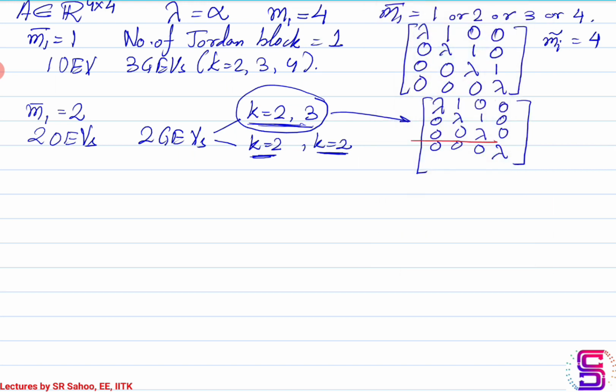So if you demark it, this is what you have. There are two Jordan blocks. Okay, so you have two Jordan blocks, and the M1 here is 3. I'll correct this to 1.